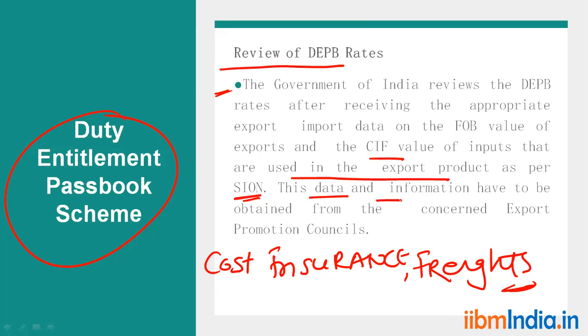This data and information have to be obtained from the concerned export promotion council. If it's textile, then we go to the textile export promotion council. If it's cashews or gems and jewelry, we approach the concerned export promotion council, where we can get the data and information related to the product and services.